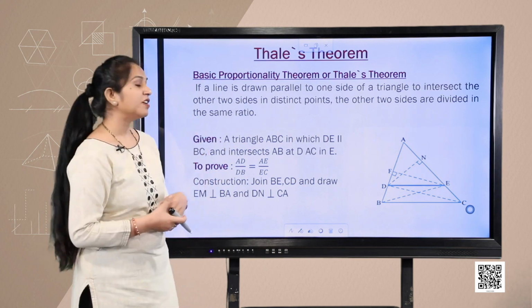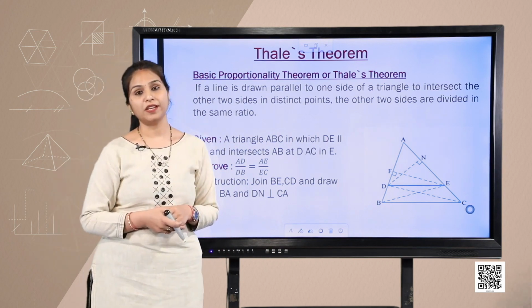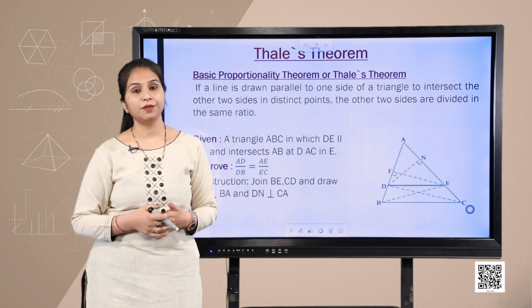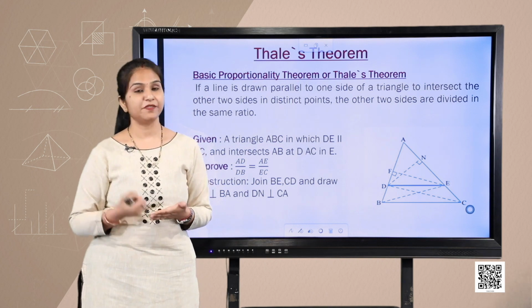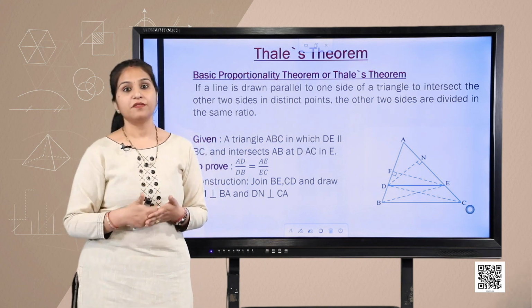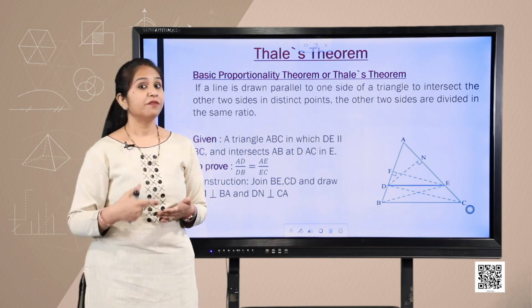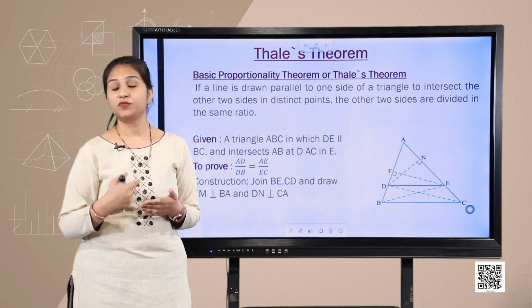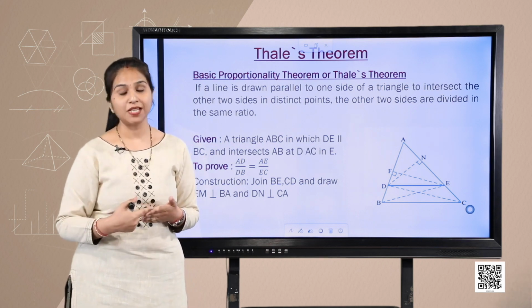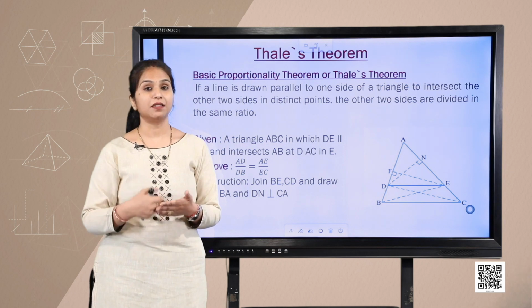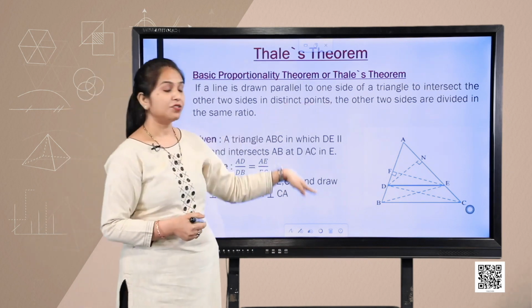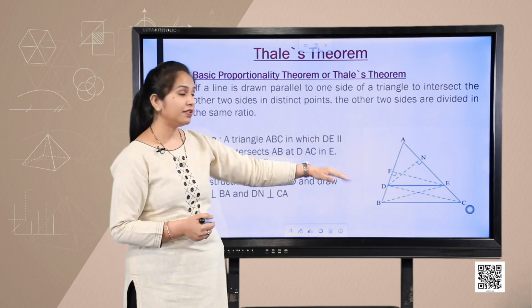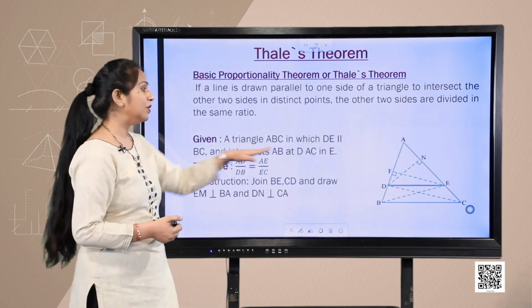So, children, whenever we are doing any theorem or any proof, we have to write down all the things step by step. We will write down the given, we will write down what we have to prove, we will write down the things which we are doing under construction, and after that we will start the proof. So here, given: in a triangle ABC, the line DE is parallel to line BC.